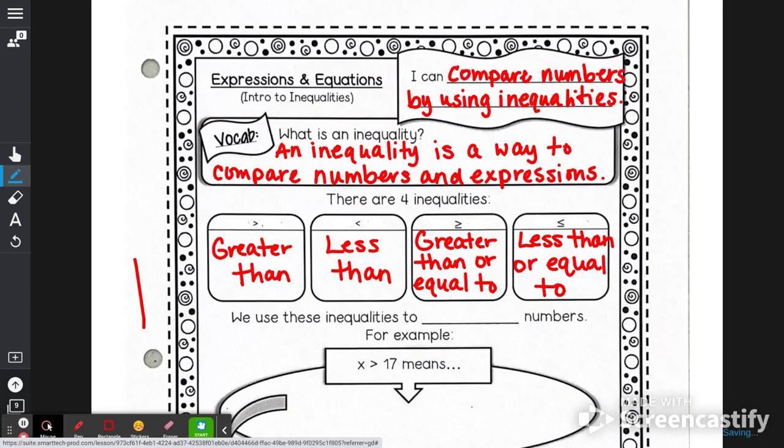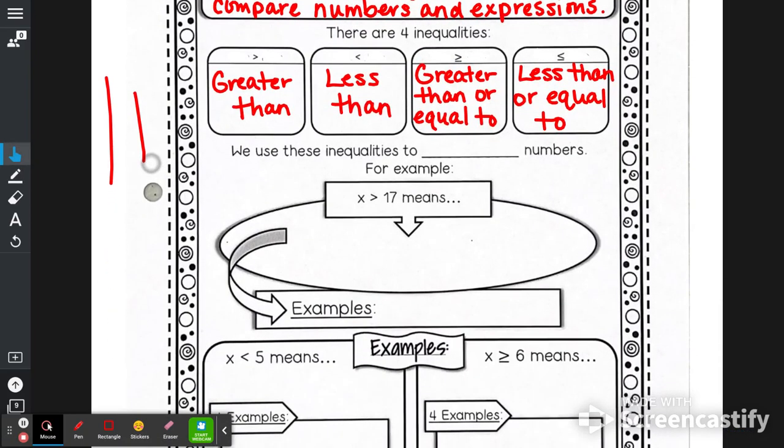Now, once again, we use these inequalities to compare numbers. So for instance, what does this expression or inequality say?